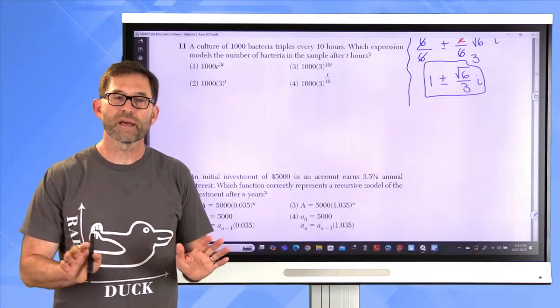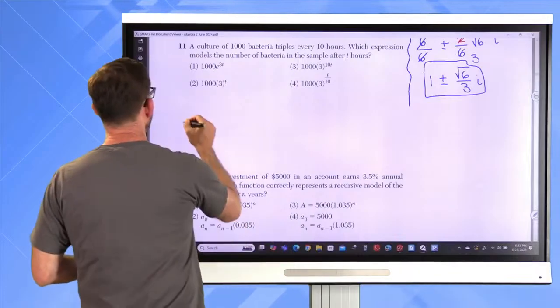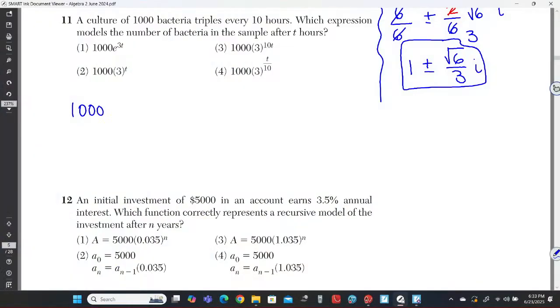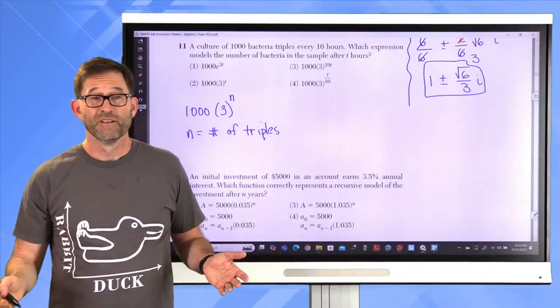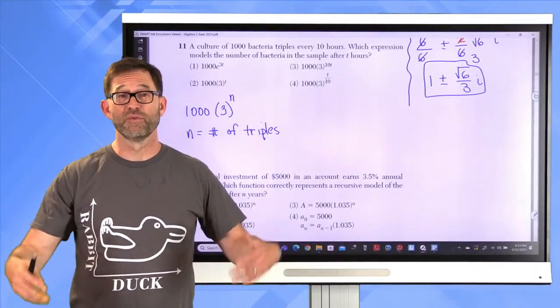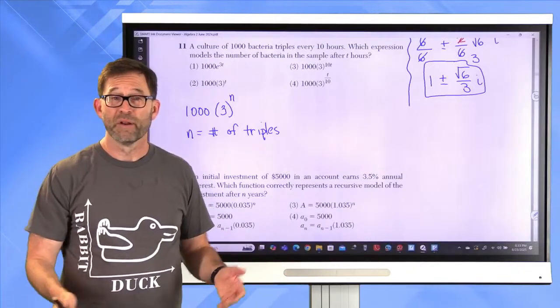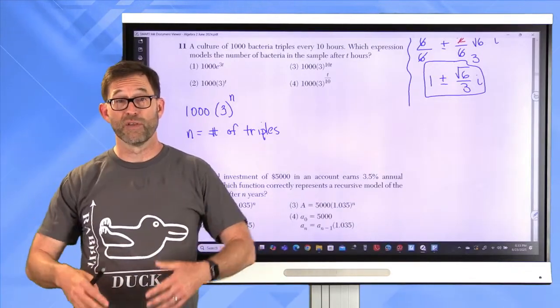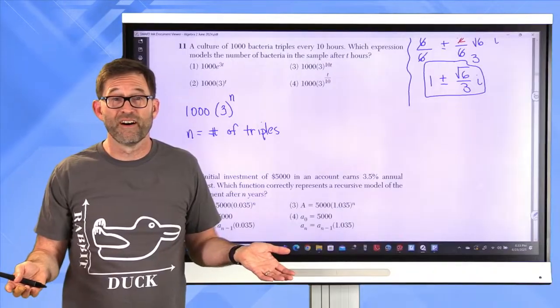The most basic exponential function here would look like this: 1,000 times 3 raised to the n, where n is simply the number of triples, if you will. Right, the number of times we've tripled the population. So we've tripled the population 1 time, 2 times, 3 times, whatever, right? But it's definitely 1,000 times 3 to the number of times we've tripled, all right?